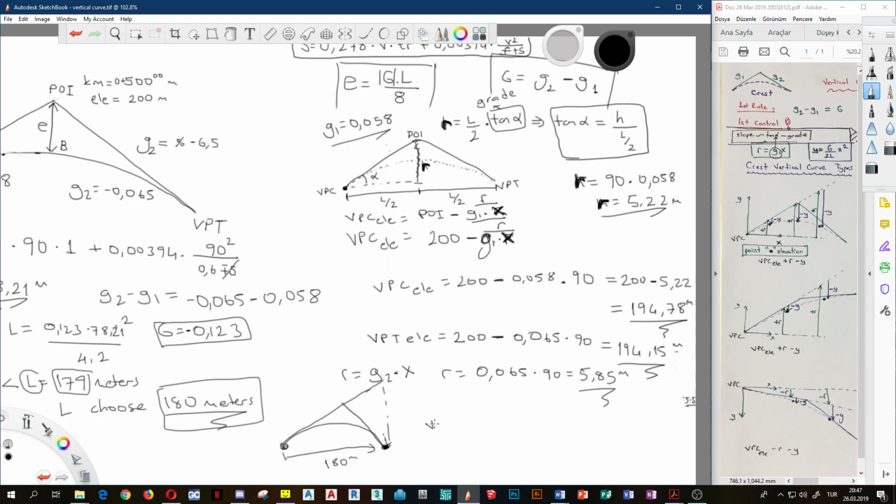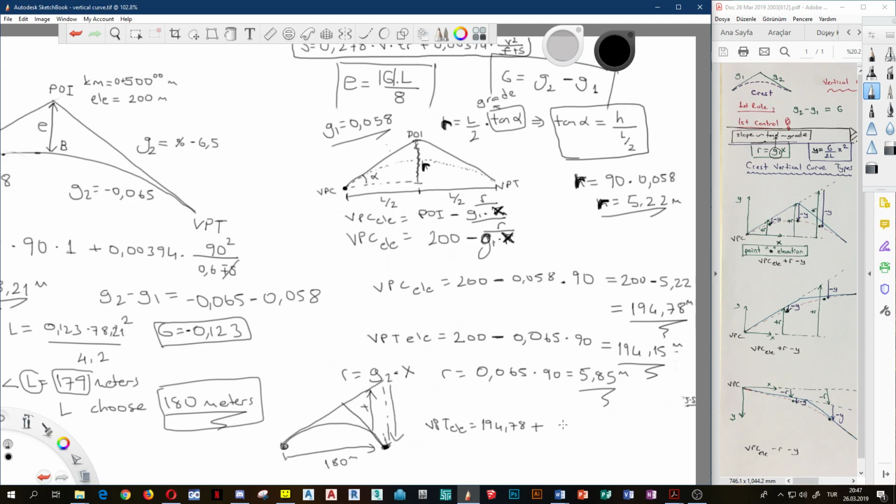Yes, VPT elevation must be equal to VPC elevation, which is 194.78, plus R and minus y.